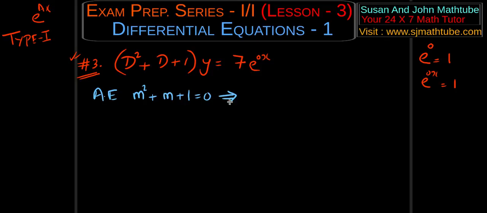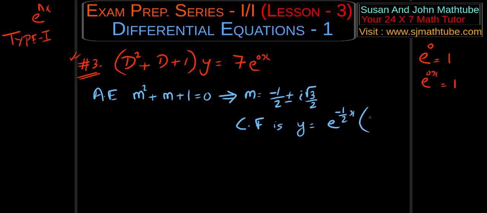Use a calculator, we get m equal to minus 1 by 2 plus or minus i root 3 by 2. So the third possibility, and that means the complementary function is y is equal to e to the power minus 1 by 2x, c1 cos root 3 by 2x plus c2 sin root 3 by 2x.